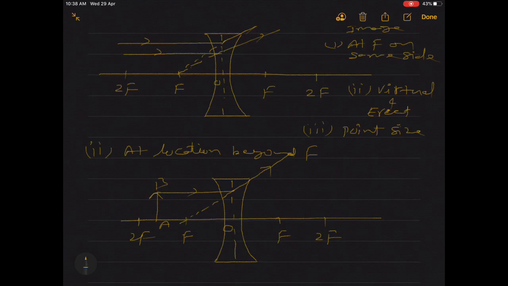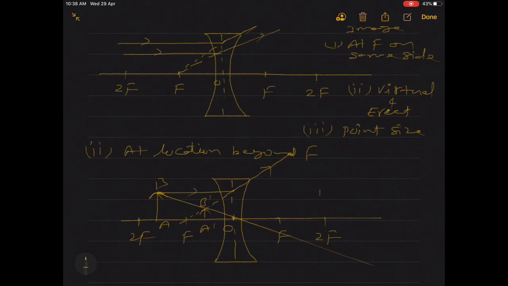The another ray we will take passing through the optical center O. So these two rays intersect here between F and O, and the image is formed as A dash B dash.